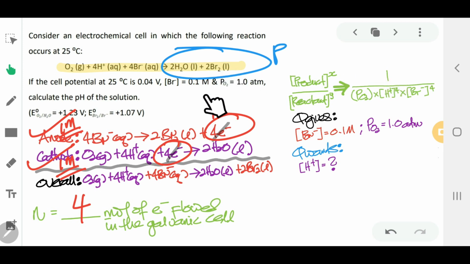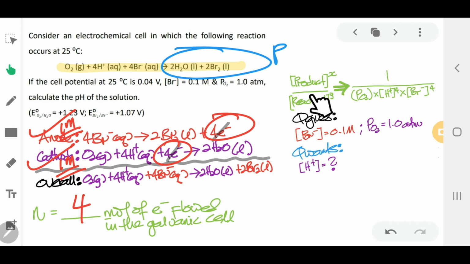But when you look at the reactant side, we have oxygen gas, so we're going to put the pressure of the oxygen. And you have the concentration of H plus to the power of 4, and the concentration of Br minus to the power of 4. So this is the quotient that we need to write for this particular galvanic reaction. The question gives you this information already.